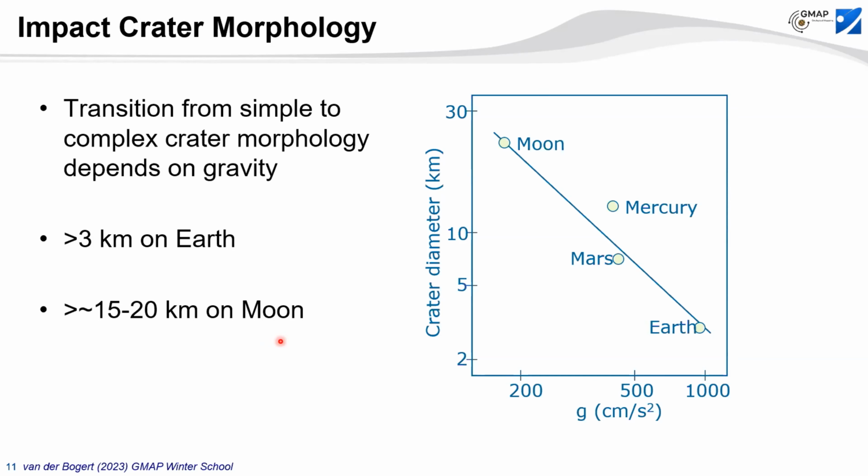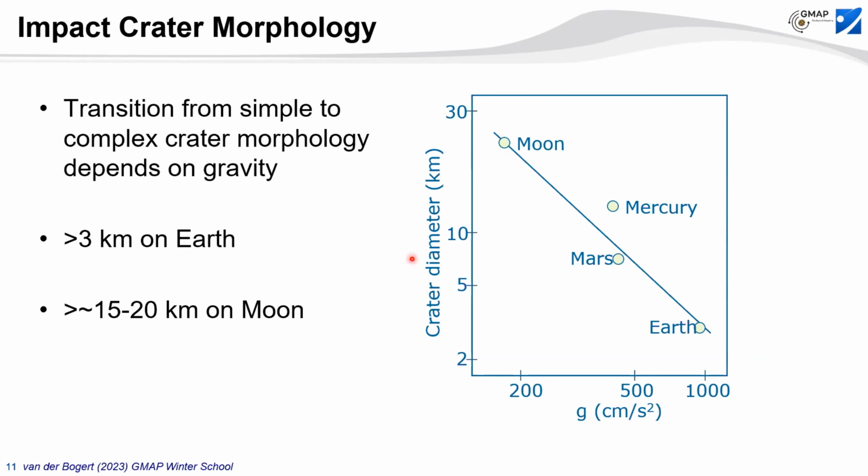You won't see a 2-kilometer crater on the moon that has a central peak. That doesn't happen. And that's because the formation of the central peak and then ring systems depends on the size of the crater, and for the different planets, it depends on the gravitational pull of that planet, so the gravitational constant.